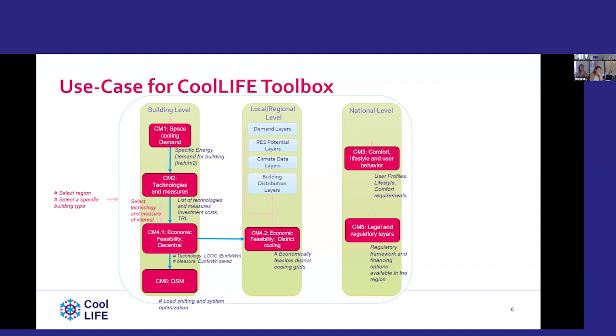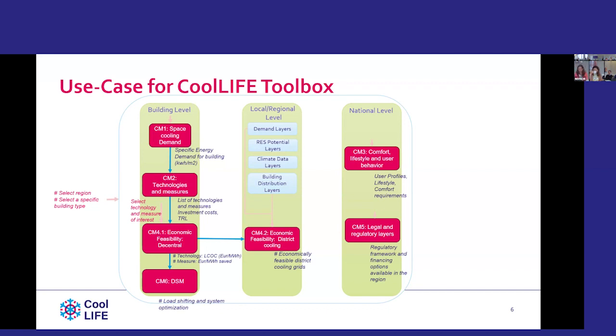Going to the economic feasibility and the central option, providing indicators if it makes sense to have it as a decentral space cooling option or not. And demand side management, of course, provides the best way to run this system.